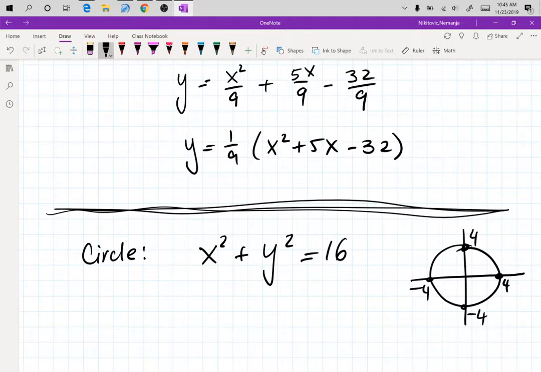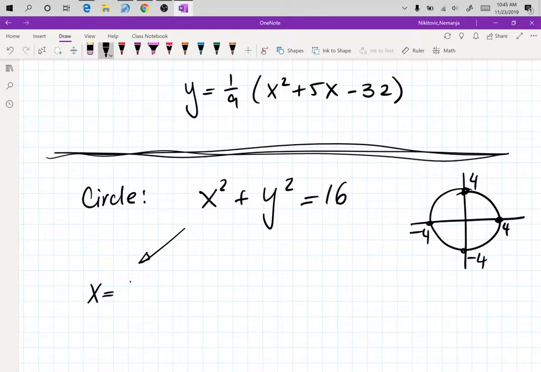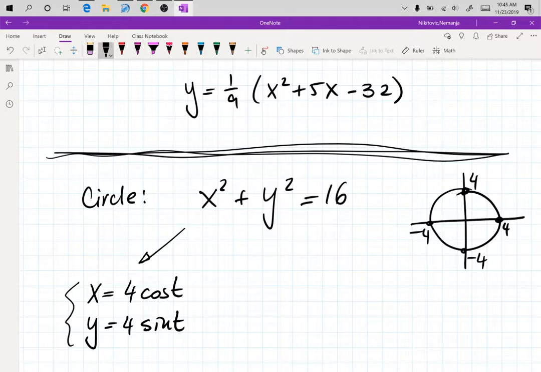Circle of radius 4. And you can break this into x equals 4 cosine t, y equals 4 sine t. And this is the same, right? So this is the parametric set.